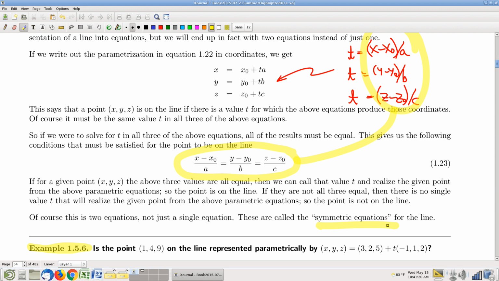And it's a nice little argument. By the way, I feel the need to point this out, but on an exam, if I give you a parameterization and ask you to find the symmetric equation of the line, there's been a long history of students just ignoring the argument and saying, "Oh, I see the pattern.